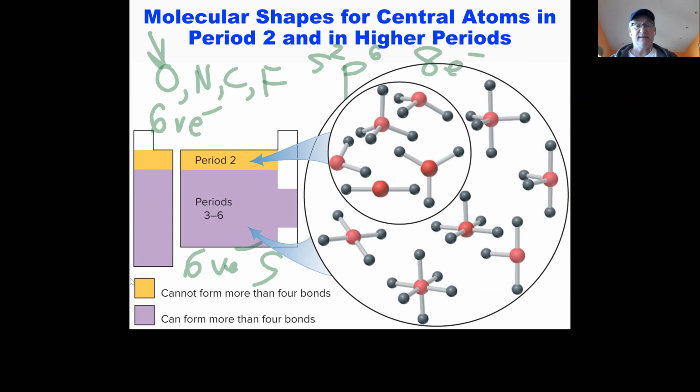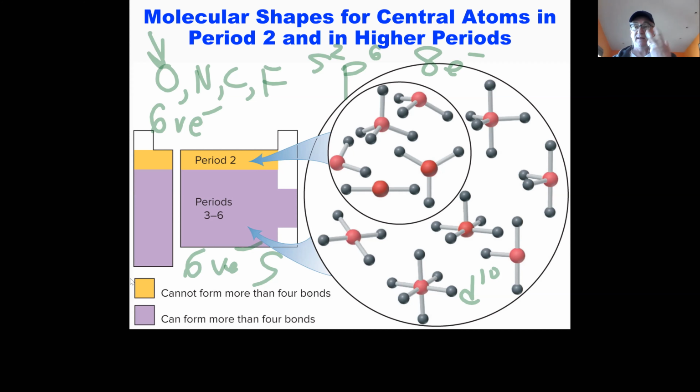Sulfur, on the other hand, has that D orbital that you mentioned. D orbital could handle 10 more electrons. And so sulfur still has 6 valence electrons that it calls its own. But the total number of electrons that can be involved in bonding can be more than 6. It can have 12.